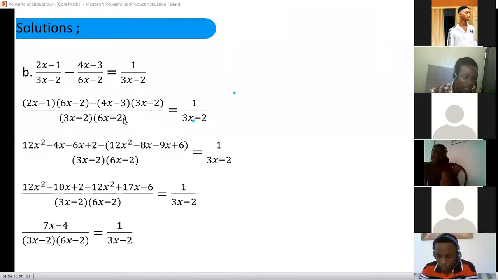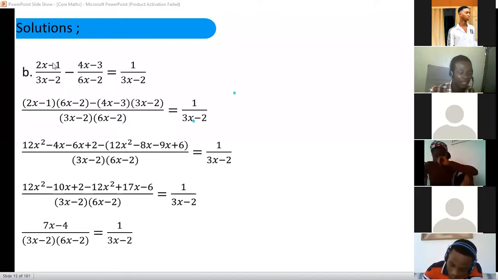Then we multiply the 6x minus 2 by the numerator of the first fraction. That will give us 2x minus 1 into another bracket 6x minus 2.